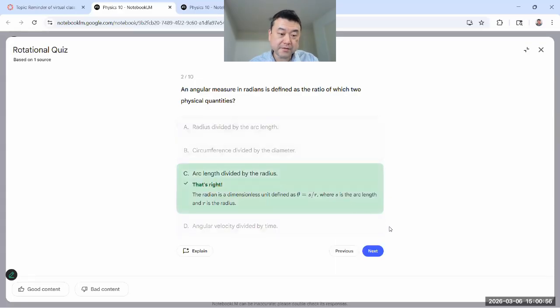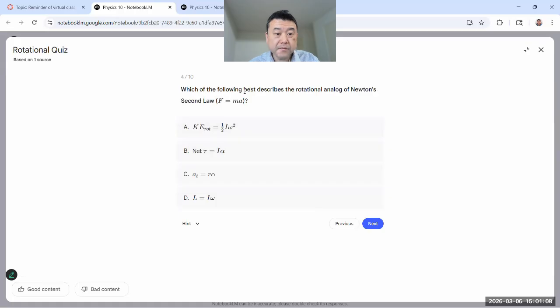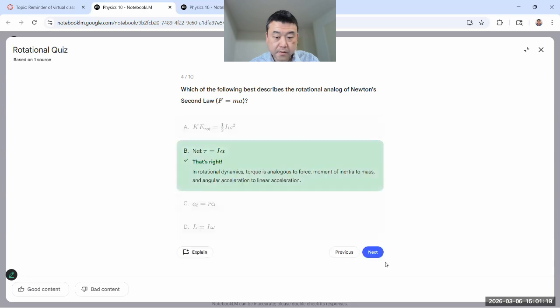That's how it's actually defining an angle in a non-arbitrary way. Which has a larger moment of inertia? More mass at the farther distance, I think. Which of the following is the rotational analog of Newton's second law? The torque is equal to I alpha. I think this one.